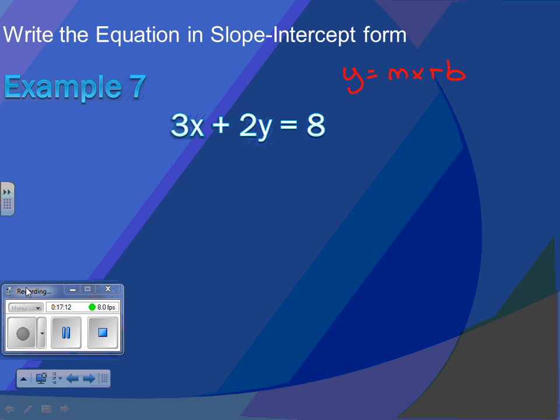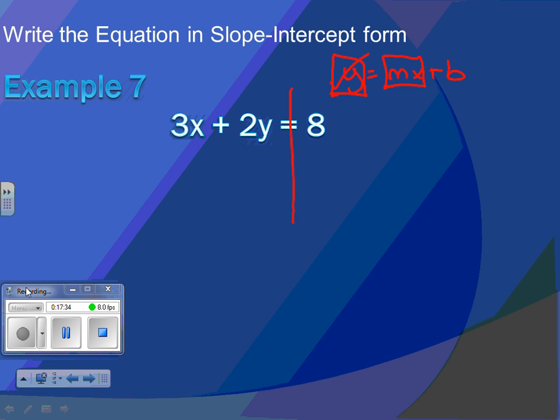So my question to you, ready to minute to win it? Here we go. Level 1. My question to you is the y on the left side of the equals? Yes. So level 1 complete. Is the x on the right side of the equals?